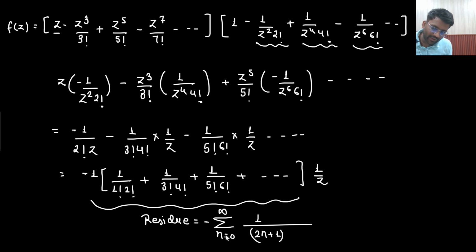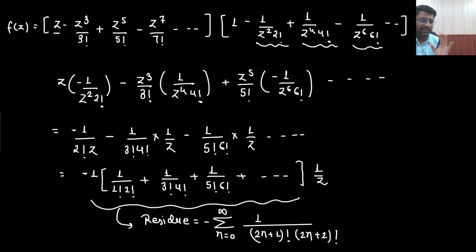If you put n equals to 0 here, it will become 1 factorial, 2 factorial. If you put n equals to 1 here, it will become 3 factorial, 4 factorial. If you put n equals to 2 here, it will become 5 factorial, 6 factorial. If you put n equals to 3 here, it will become 7 factorial, 8 factorial. So this particular expression could be written in this way.